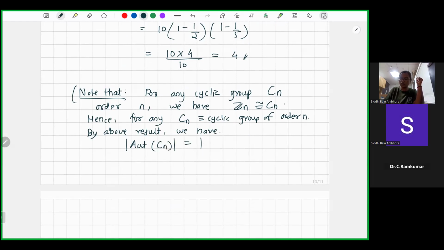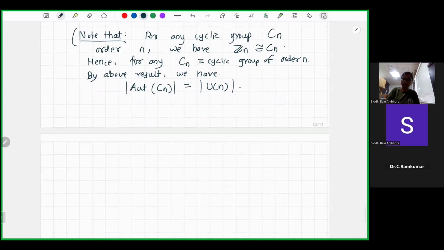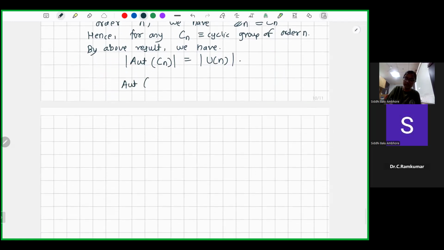Since these two groups are isomorphic, we can consider them the same group. Everything which Cn satisfies, Zn satisfies, and vice versa. So the cardinality of the automorphism group of Cn will also be that of Un, and in general this will be true for a cyclic group of order n.